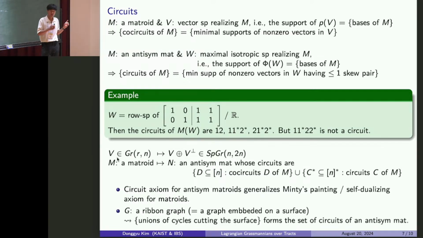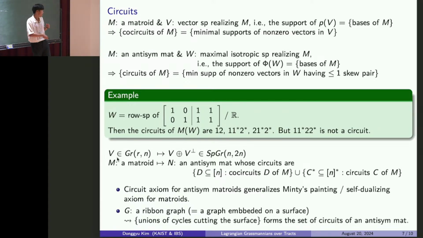Also, there is one funny relation between ribbon graphs and the antisymmetric matroid. There is already a very well-known theory about the relation between ribbon graphs and delta matroids, and we can extend this a little bit more. Here a ribbon graph is nothing but a graph which is cellularly embedded on a closed surface.